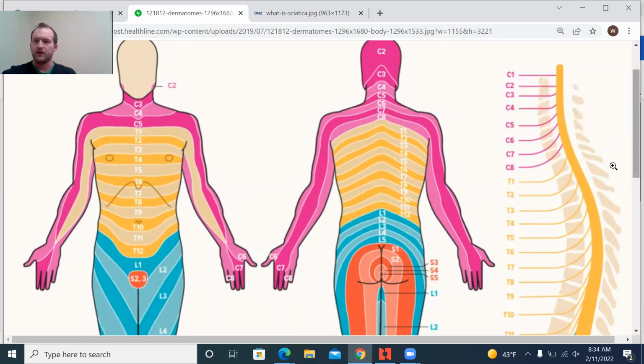this picture to my right over here, you can see the different levels, and hopefully it's kind of gray and ghosted looking, but you can see the different spinal levels reflected back from these nerves that are coming out. These different levels of the spine correspond to these different nerve root patterns.